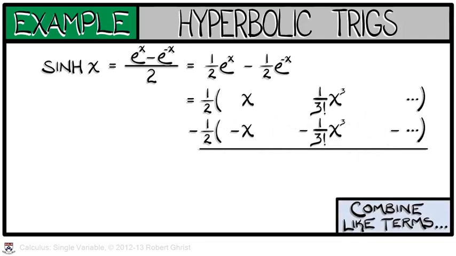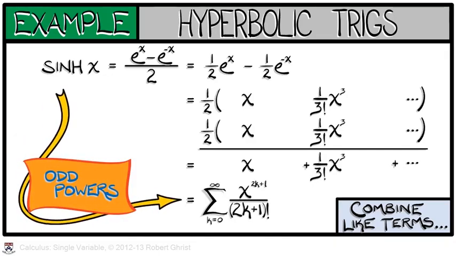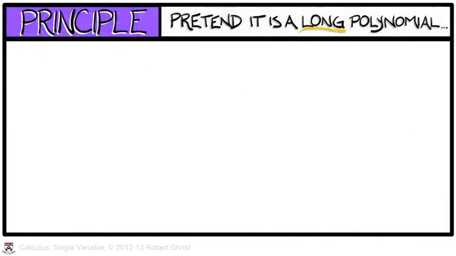This leads to a cancellation of all the even-powered terms. And distributing the minus sign through and adding, we obtain all of the odd degree terms in the Taylor series for e to the x. Thus, the sum k goes from 0 to infinity of x to the 2k plus 1 over 2k plus 1 quantity factorial, just like sine.